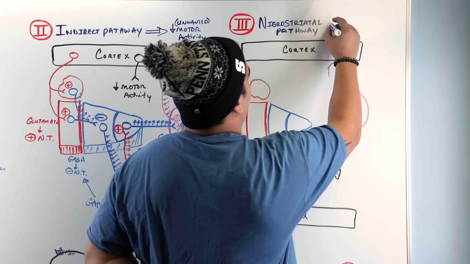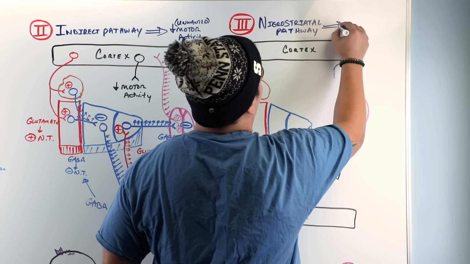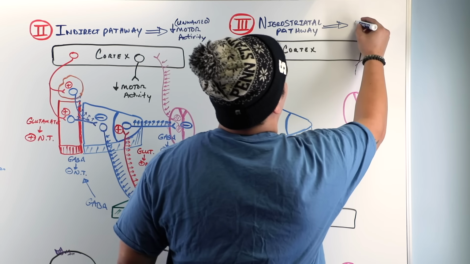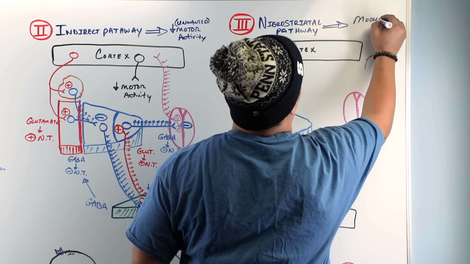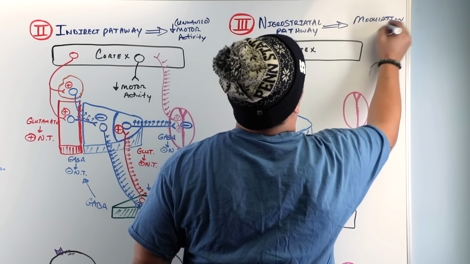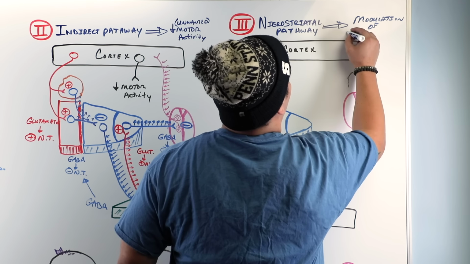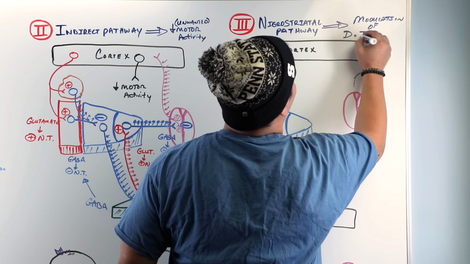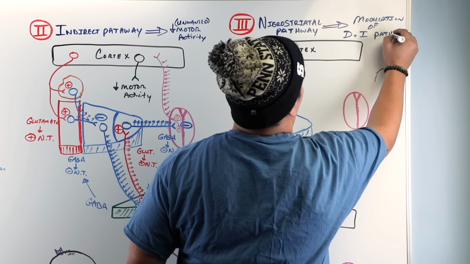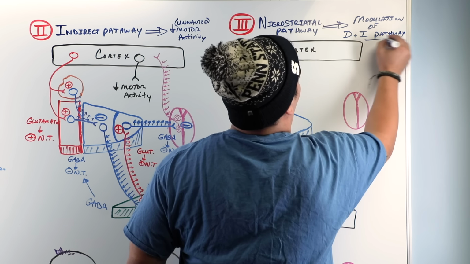The nigrostriatal pathway is really important, and it's involved in the modulation of the direct and indirect pathway. So it's going to modulate the activities.